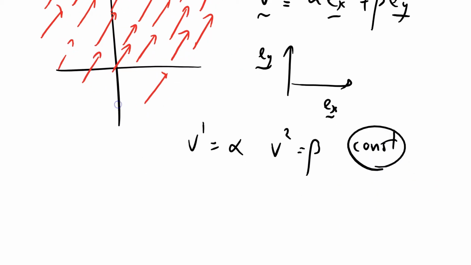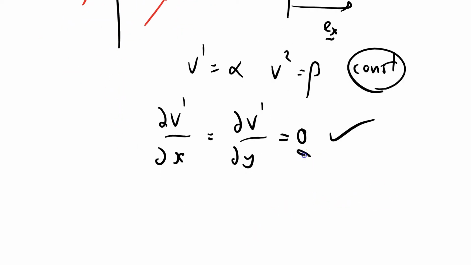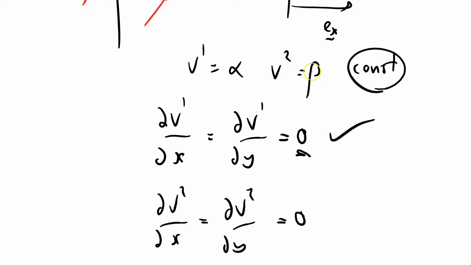They don't change. So if I work out ∂V1/∂x, and ∂V1/∂y equals 0, super. Constant. ∂V2/∂x equals ∂V2/∂y equals 0, because it's constant.